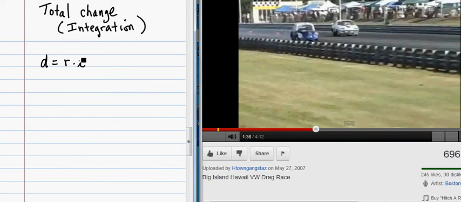So let's say at this picture that we see here of the Volkswagen that it's going 100 miles per hour at that moment, let's say. But it's only going that rate instantaneously, because the very next moment of time it's not going 100 miles per hour anymore. It's going faster because it was speeding up throughout. So really, it's only going 100 miles per hour for 0 seconds.